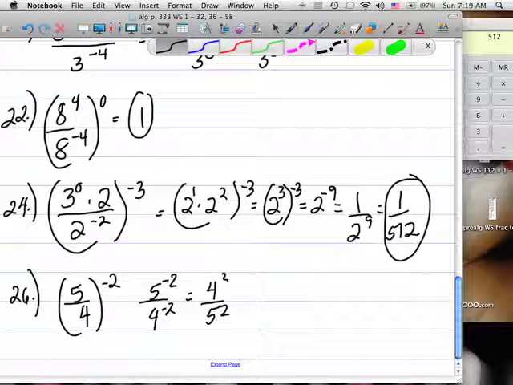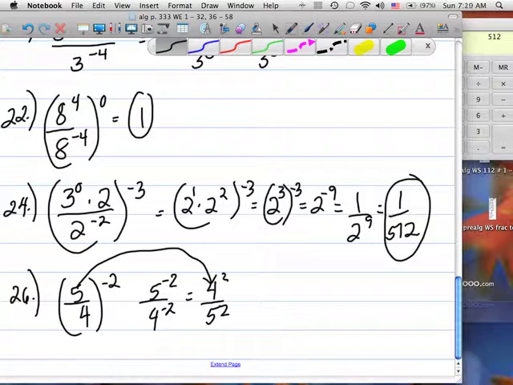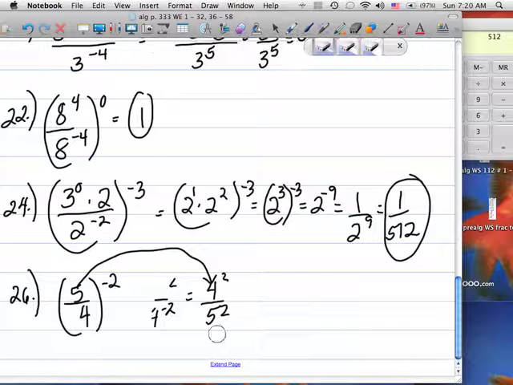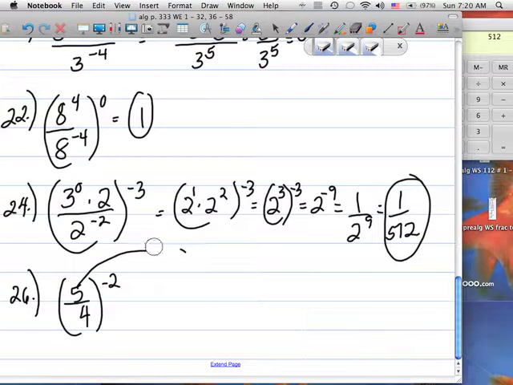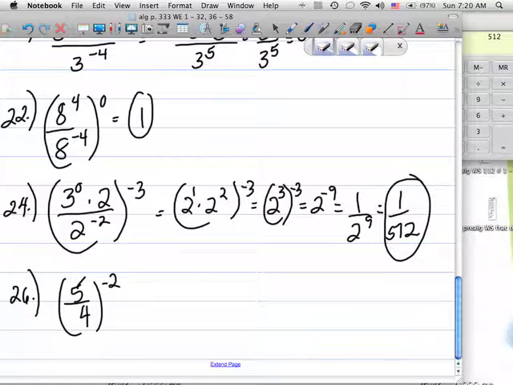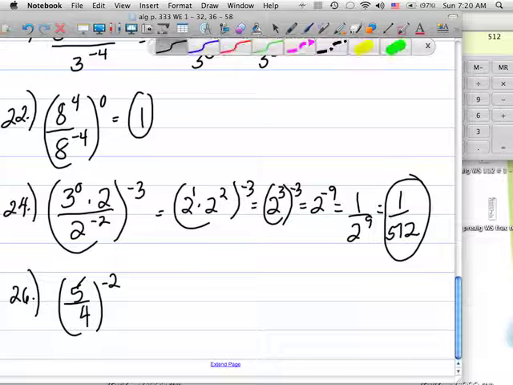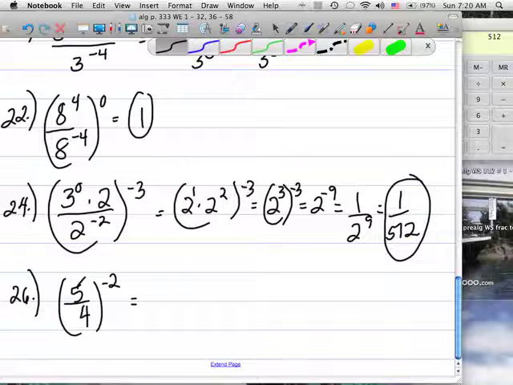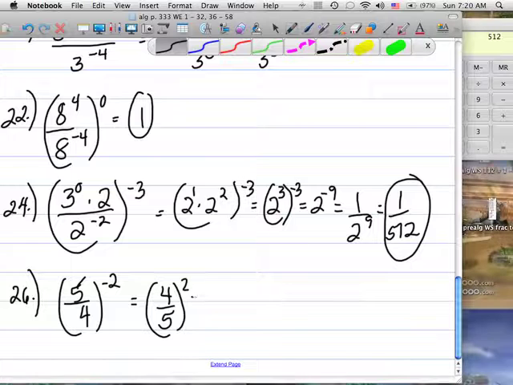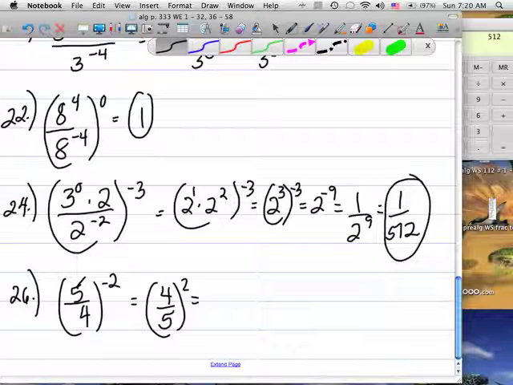So what actually happened is the fraction turned upside down. So instead of doing all that, I'm going to remember that if I have a negative power of a fraction, it'll flip and become positive. So 4 squared is 16 and 5 squared is 25.